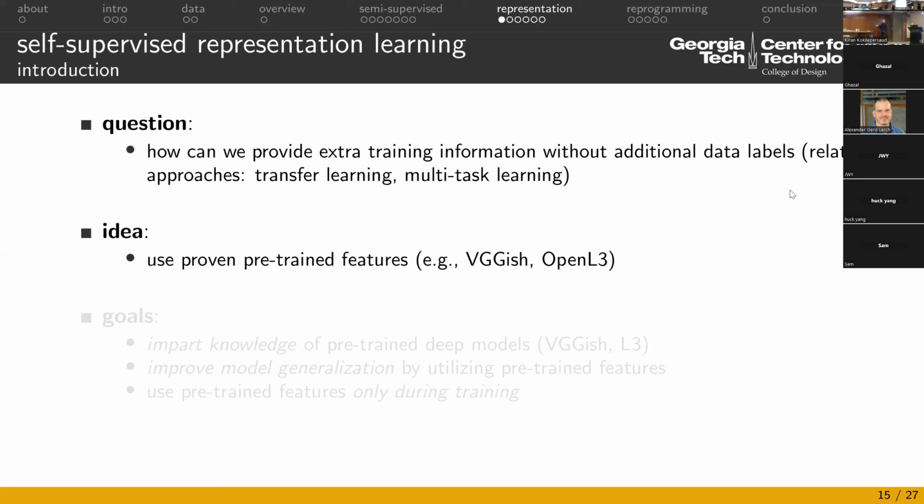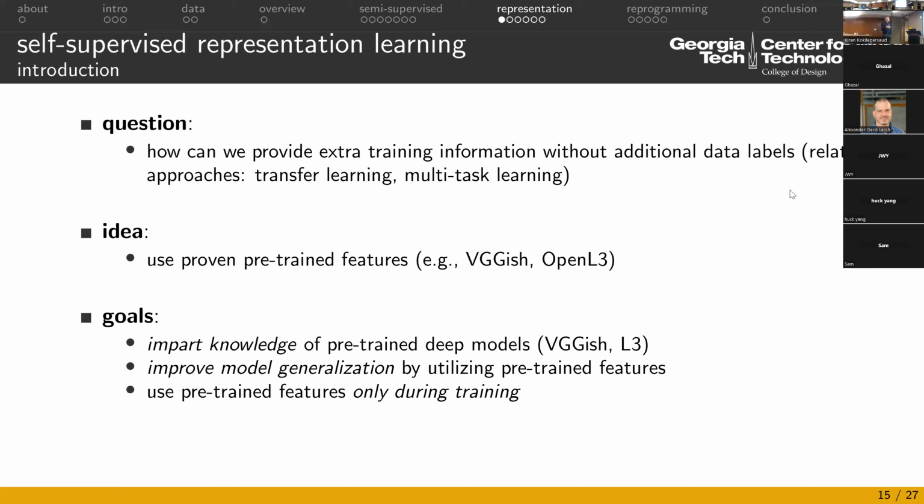But it actually has been shown that these features that this model extracts can be easily transferred to other tasks. So there are a lot of music tasks that use these features. Similarly, OpenL3 is another representation or feature that has been very effective for a multitude of classification tasks on audio.